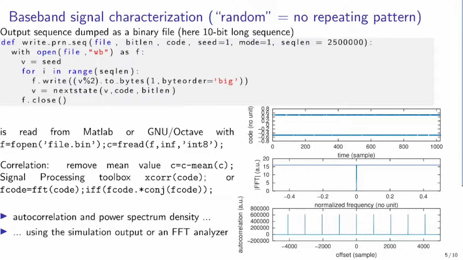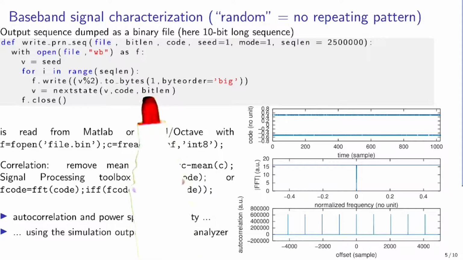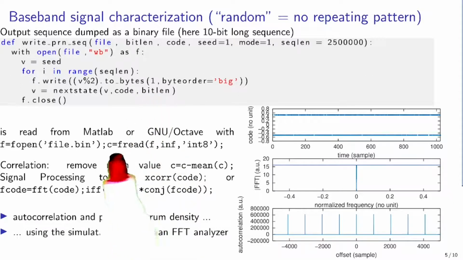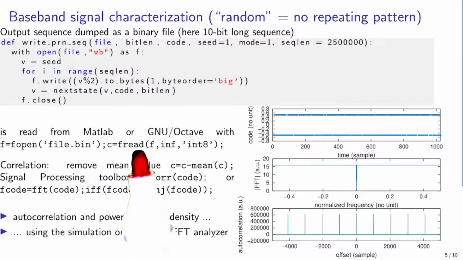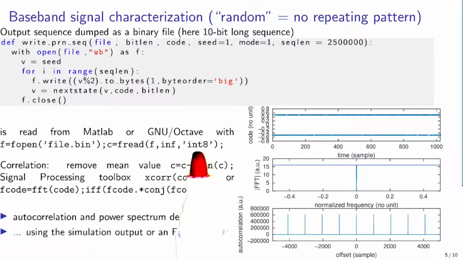And the beauty of this approach is that this file here that has resulted from the synthesis can be readily read from, for example, MATLAB or its free open source implementation, Octave. You open the binary file, and you read the 8-bit integers that have been stored in the file.